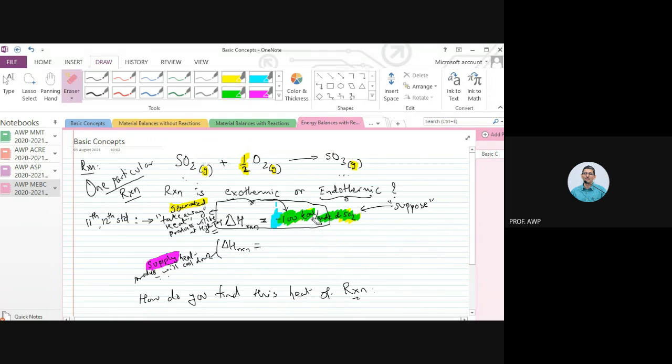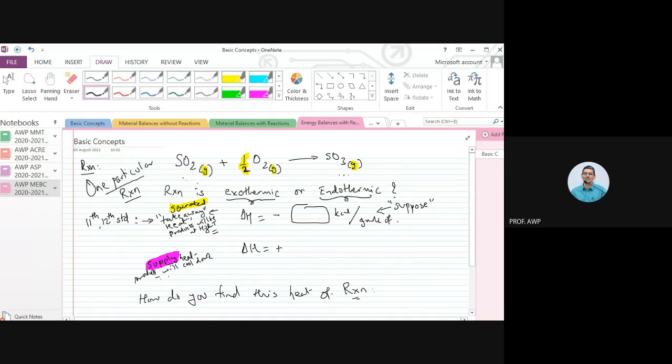In general, there are three things that we need to look at: the sign of delta H, whether negative or positive; the value in terms of kilocalories; and per gram mole of what. It could be defined on the basis of per gram mole of SO2, or per gram mole of oxygen, or per gram mole of SO3. I can define it in any way that I want. Okay, we will come to this as we go along.